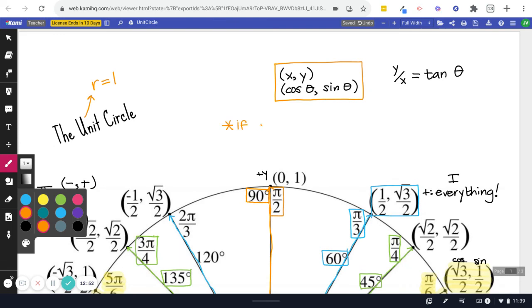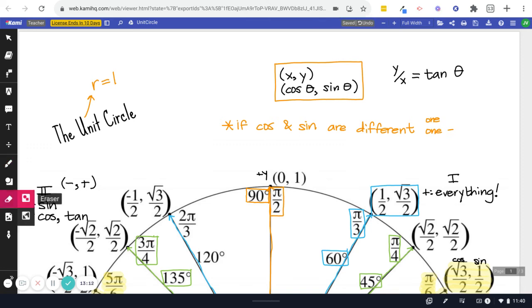If cosine and sine are different, in other words, one positive, one negative, that doesn't say one, that's supposed to say 1 plus. So I'll make that less of a T and more of a plus. One positive, one negative, tangent is negative.